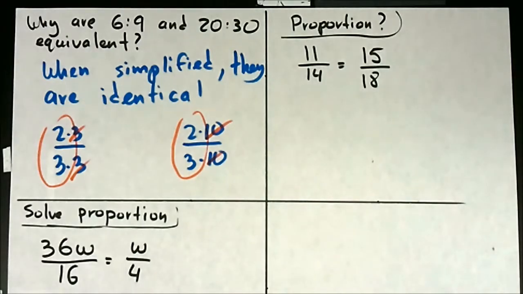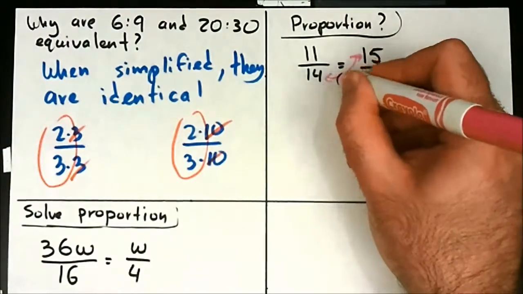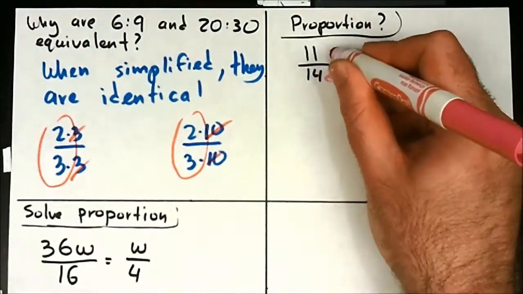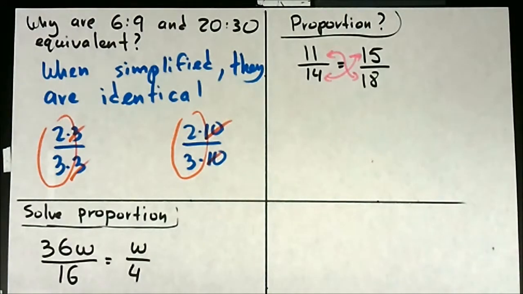Alright, next. It says, are those two a proportion? How can we find that out? Well, if you said cross multiply them, I would very much agree with you. Alright, so yay, good. Now we have them cross multiplied.